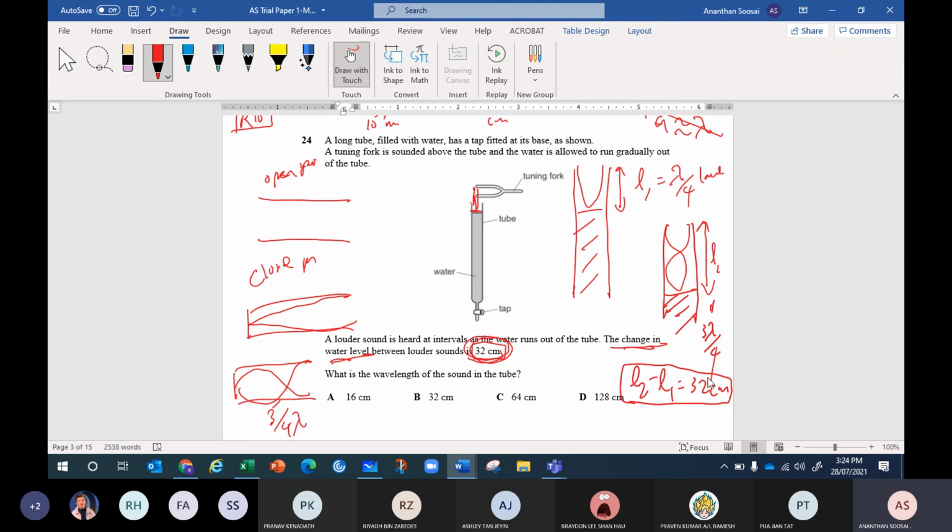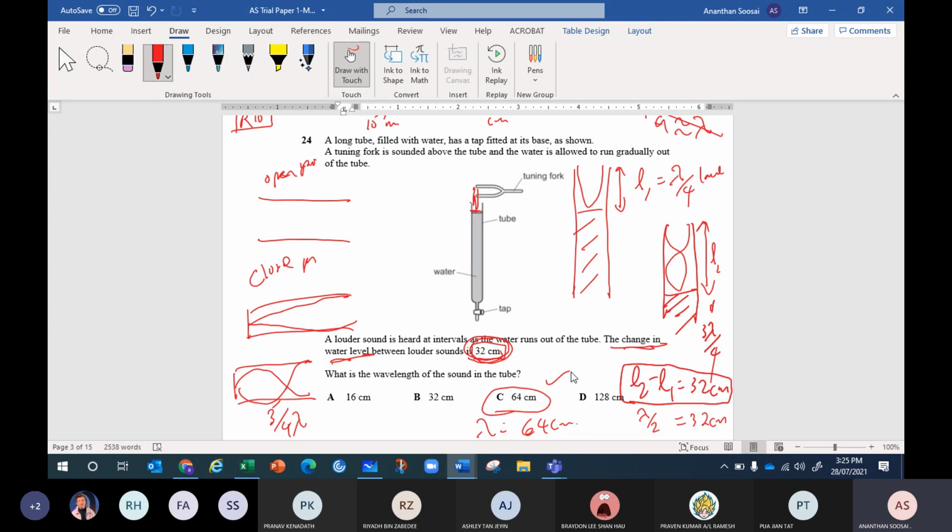So 32 centimeters is how many wavelengths? L2 is 3/4 lambda, L1 is 1/4 lambda. So L2 minus L1 is actually half lambda. Half lambda is 32 centimeters, so lambda should be 64 cm. C is the answer.